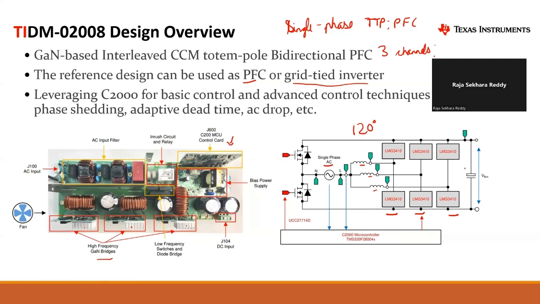These are control cards, right? No, this is your control card, which has your microcontroller. This high frequency GaN bridge daughter card is plugged into your motherboard. This is a horizontal board, and on top of it, we are adding some sort of daughter card.